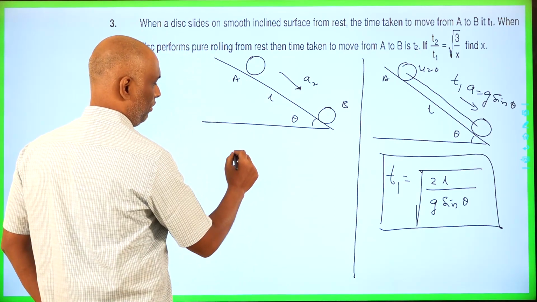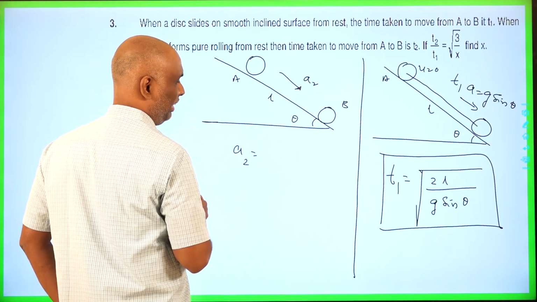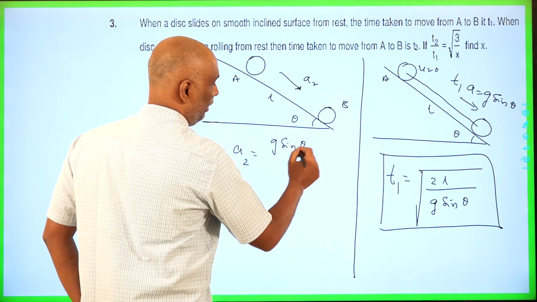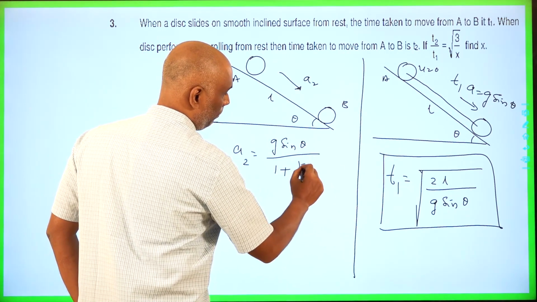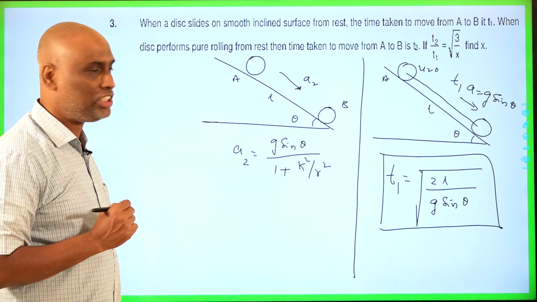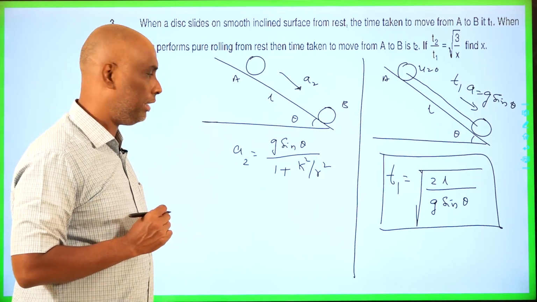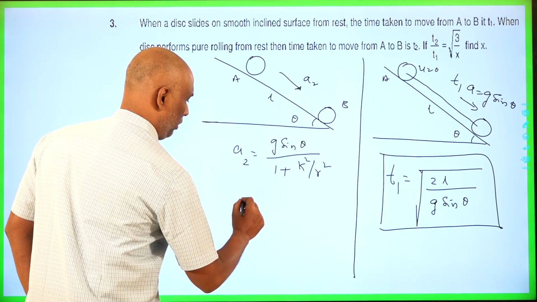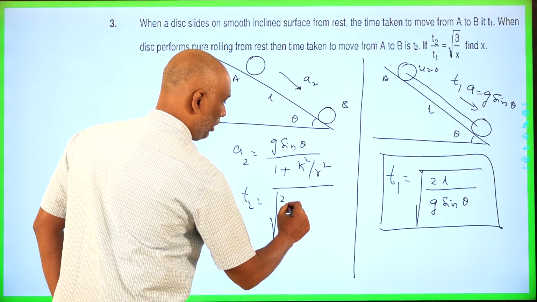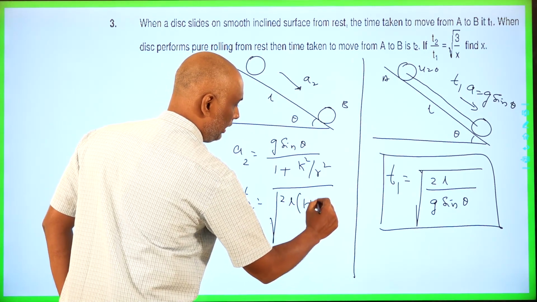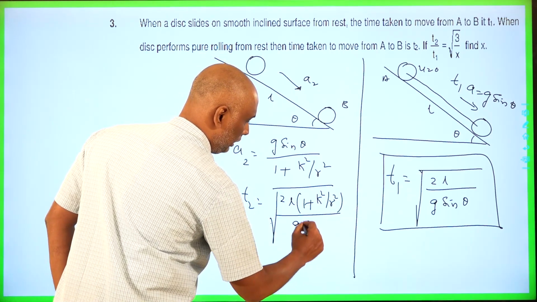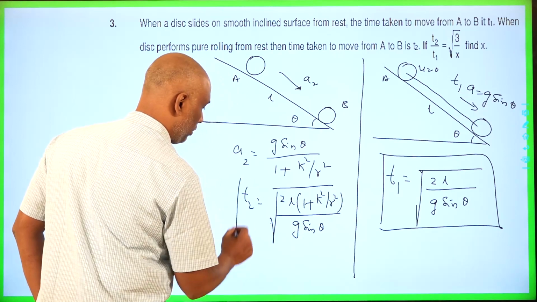The acceleration of a body rolling down an inclined plane without slipping is given by g sin theta divided by 1 plus k square divided by r square. Here k is the radius of gyration about an axis passing through the center of mass, and r is the radius. So the time taken t2 equals under root of 2l into 1 plus k square by r square, divided by g sin theta. This is t2.